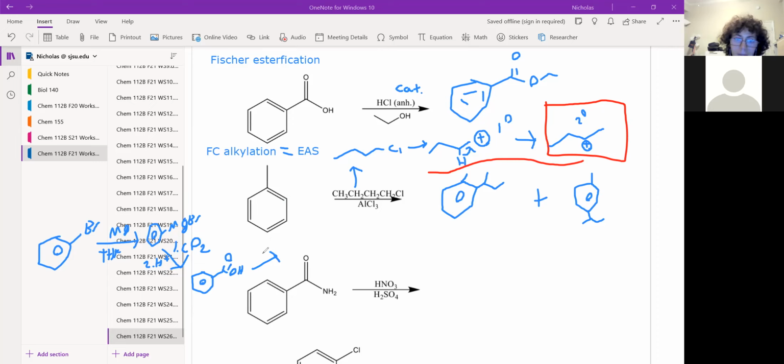So you could use DIBAL. Remember, DIBAL is similar to LiAlH4 and NaBH4, but instead of reducing it all the way to an alcohol, it will reduce it to an aldehyde. Sorry if this is getting crowded, I can redraw anything if it looks funky.